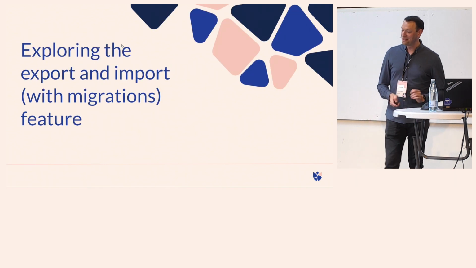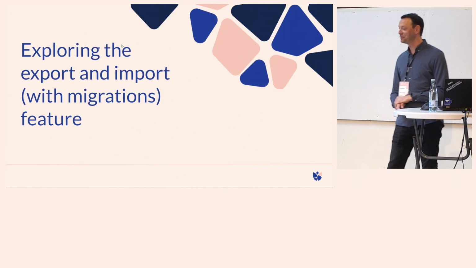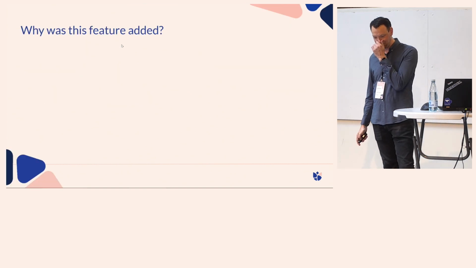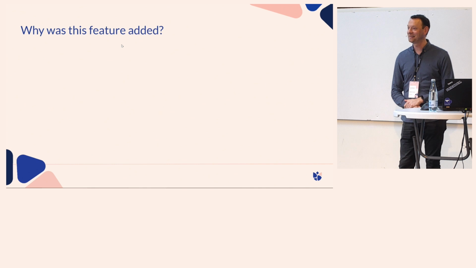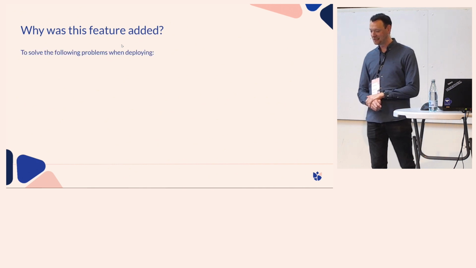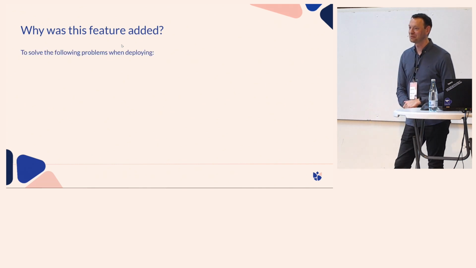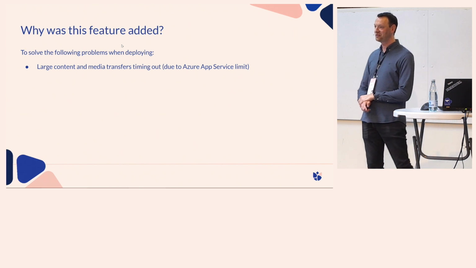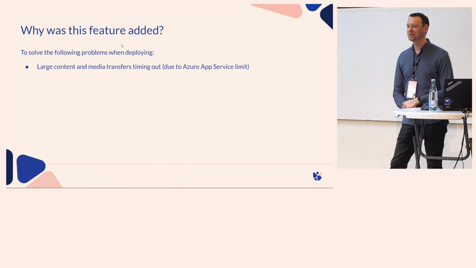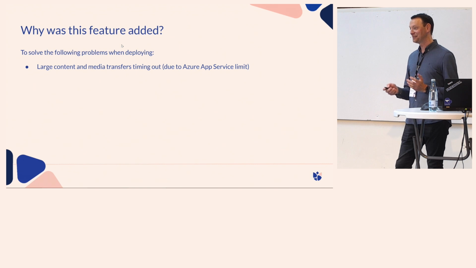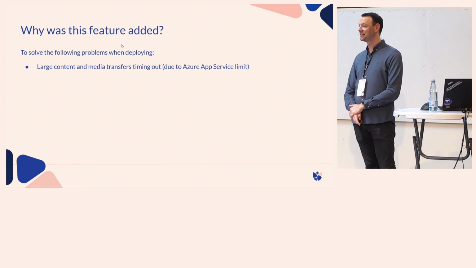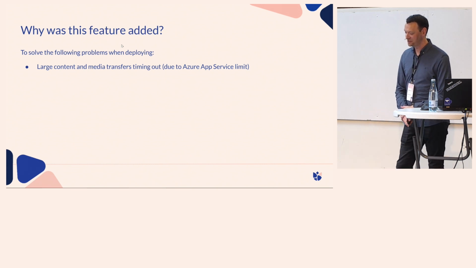Now that we have a basic understanding, let's explore the export and import with migrations feature. Let's start by explaining why we added this feature, because we had multiple goals we wanted to achieve. We noticed that large content transfers sometimes timed out because of the request limits that are enforced by certain platforms, like on Azure web apps.